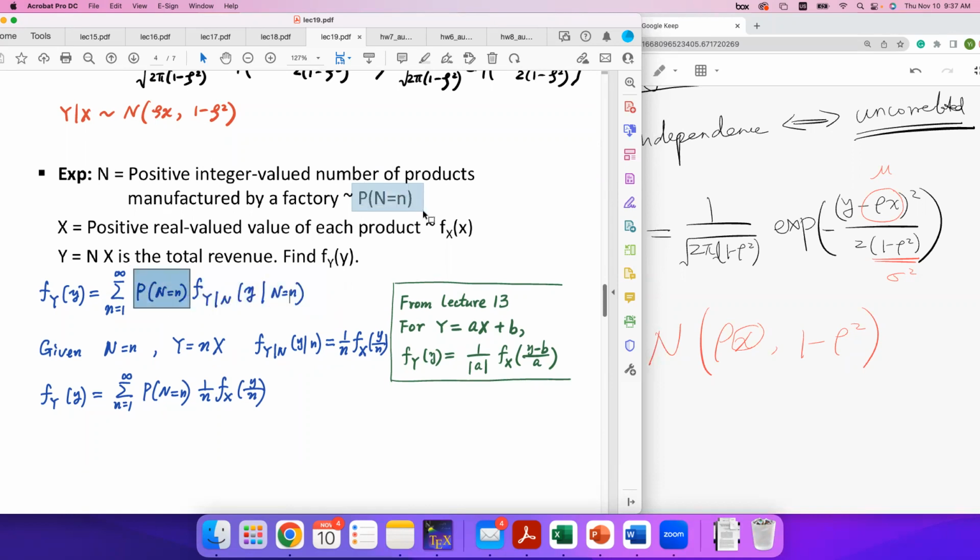The probability mass of manufacturing small n number of products is already given. So let's look at how to compute this conditional PDF. Now, given that we have small n number of products, we know that the total revenue is basically small n times capital X.